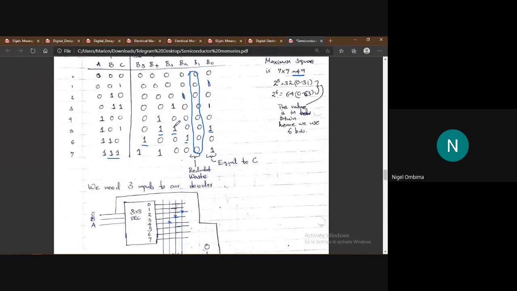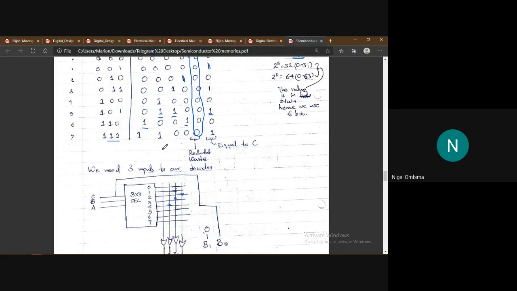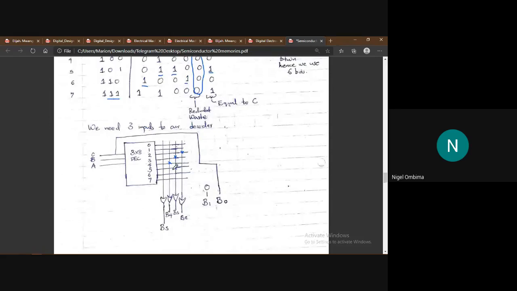For 5, B4 and B3 and B0 have a 1, but B0 is just C. So we fill for B3 and B4.